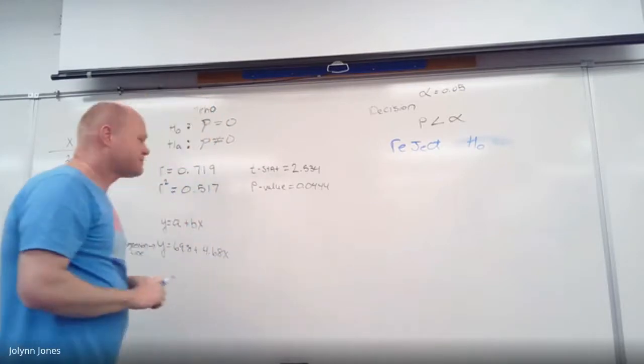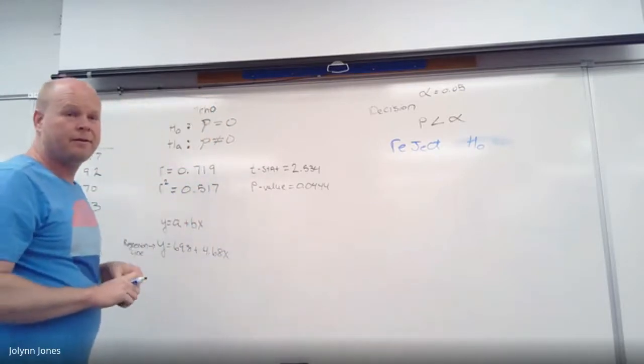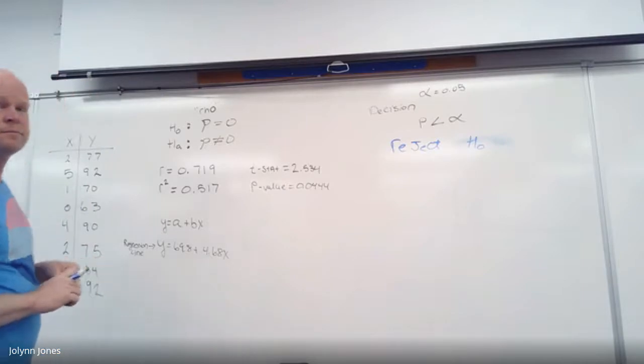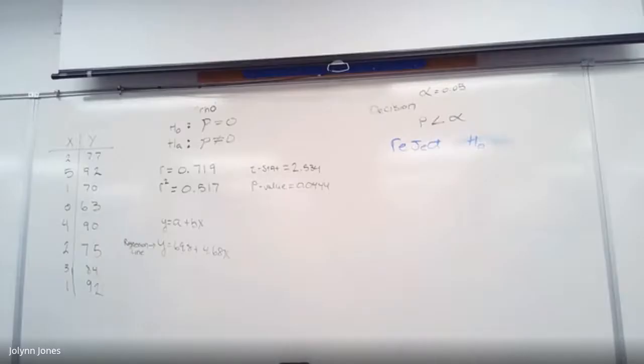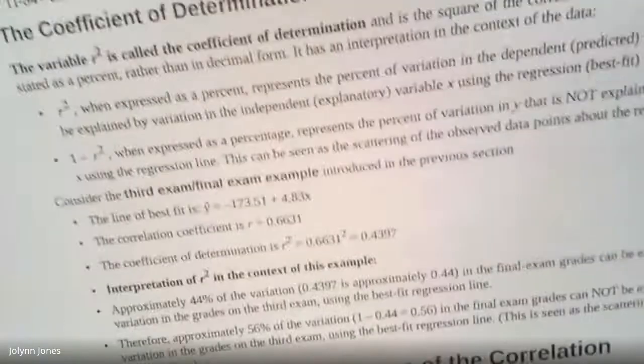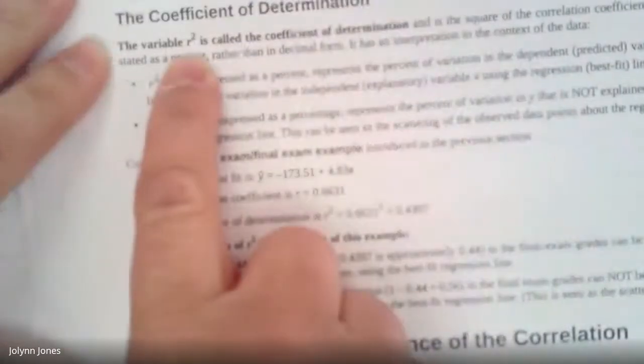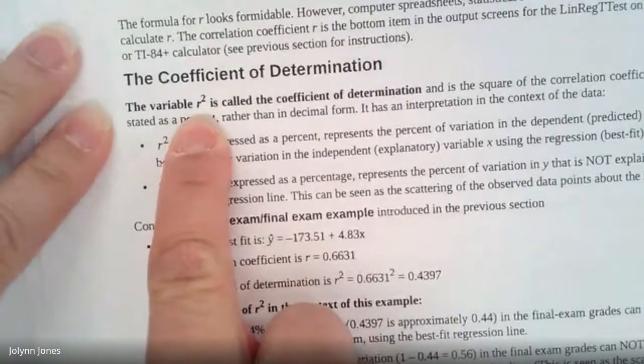I'm going to pull this up in the packet. If you guys look in your packet, page 685 talks about r squared, the coefficient of determination.